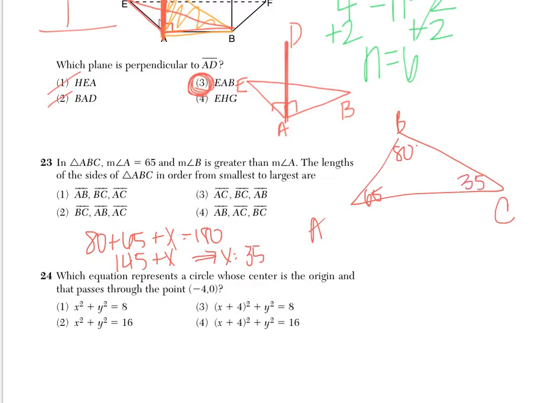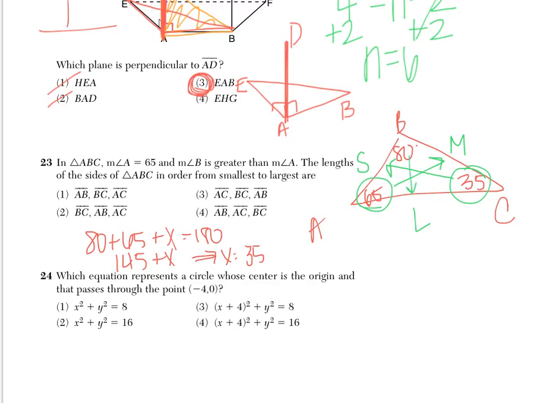So we have this theorem that tells us that the smallest angle is opposite the smallest side, the largest angle is opposite the largest side. So here's my smallest angle, which means that AB is my smallest side, S for small. Then the medium size is angle A, so opposite of that is my medium-sized side. And then my largest side is AC because it's opposite the largest angle.